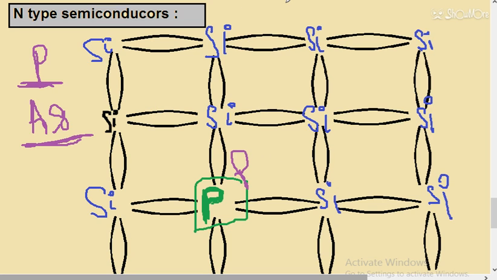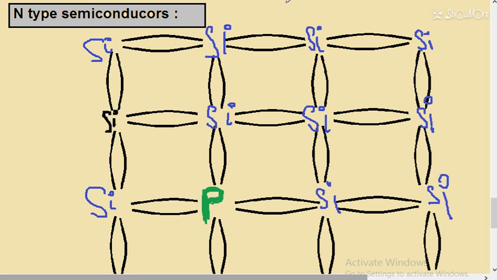So what will happen here now? See, you have to concentrate and understand what will happen in the case of arsenic or phosphorus. Here silicon has these 4 electrons, 1, 2, these are making covalent bonds. Here I will draw the phosphorus electrons myself.